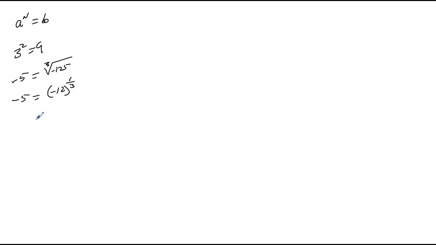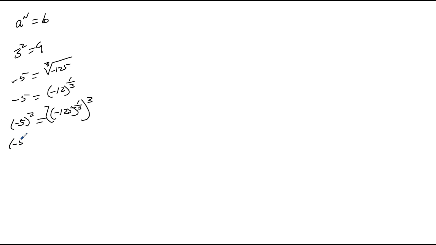Now, let's cube both sides. I'm going to cube minus 5, and then minus 125 raised to the power of 1/3, and cube that, raised to the power of 3.